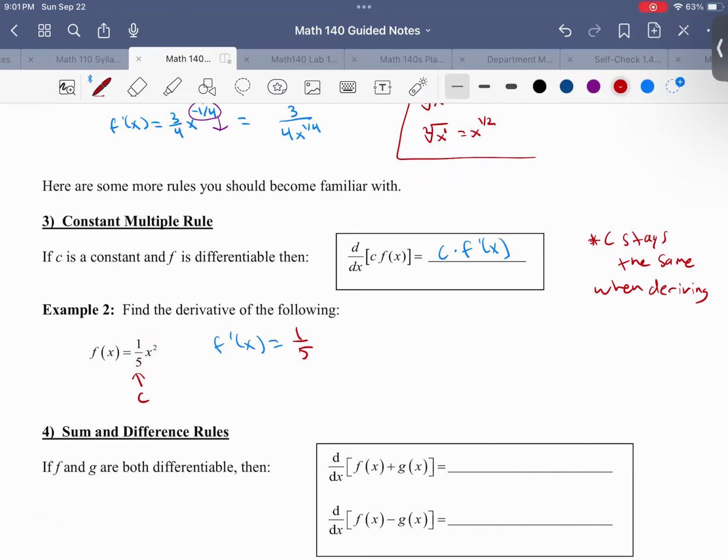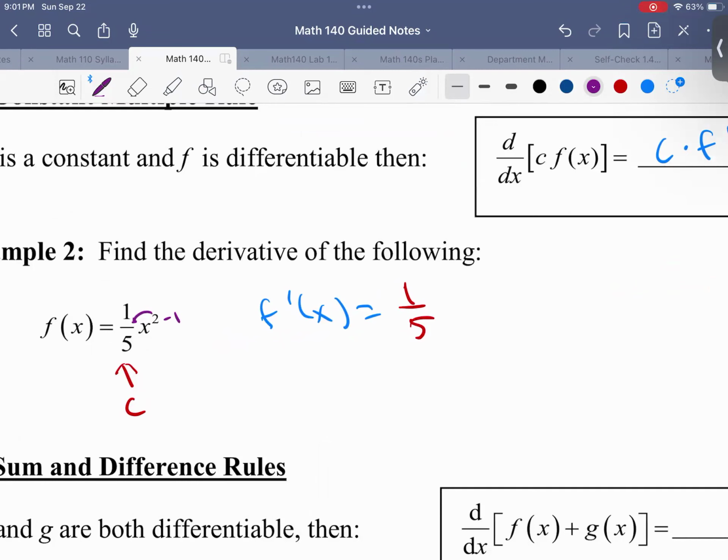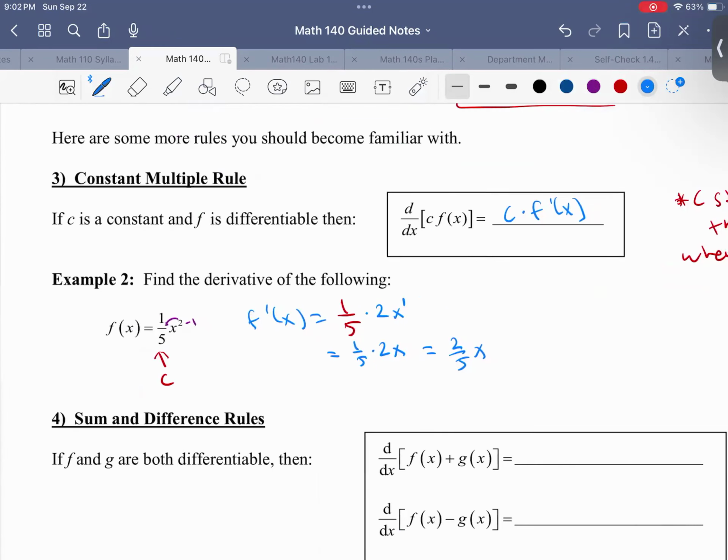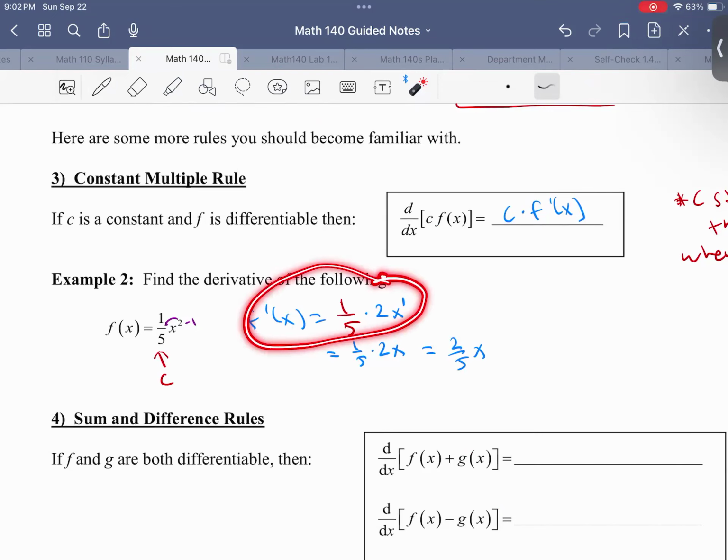Once again, the 2 drops down, and you subtract 1. So f prime of x becomes times 2x to the 1, and that really is just 1/5 times 2x, which is just 2/5 x. And that's your answer. So the constant stays unchanged when you take the derivative. We took the derivative and it's still 1/5.